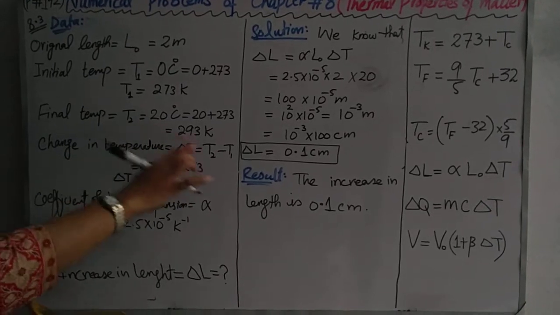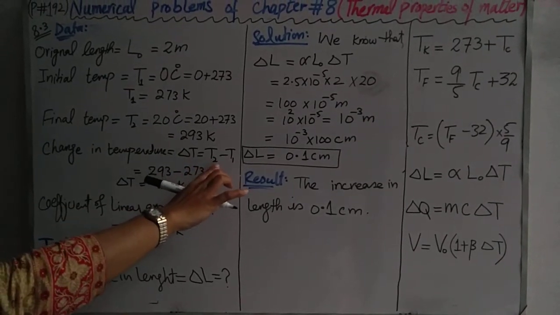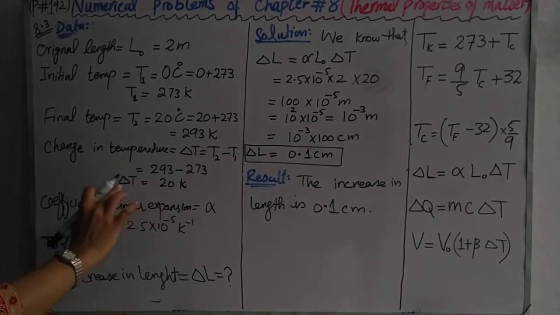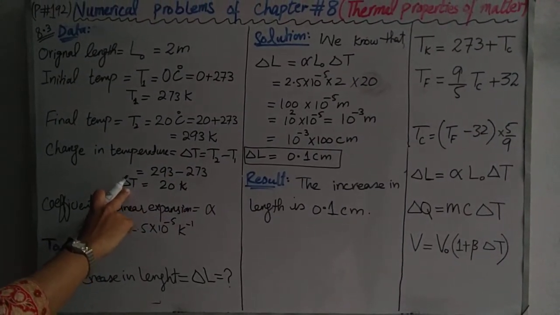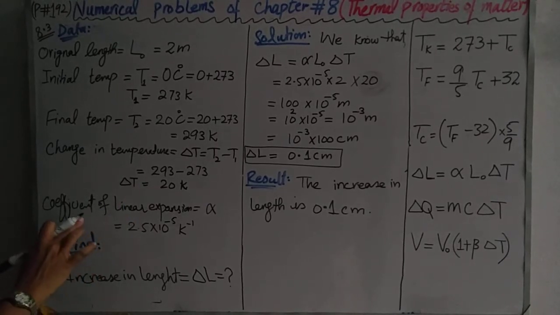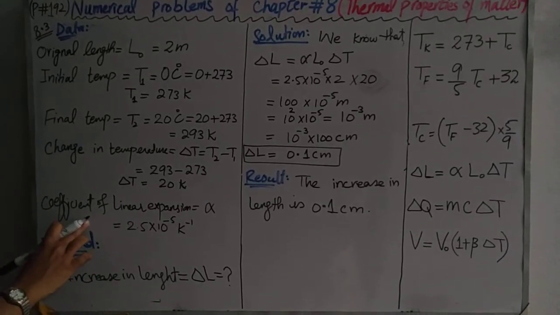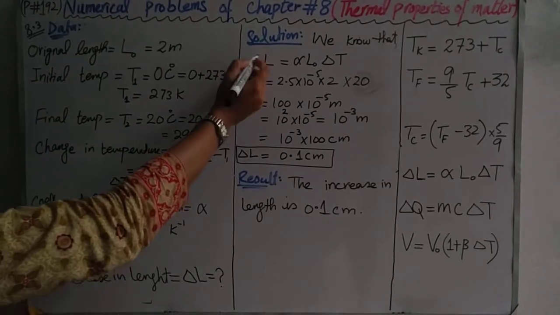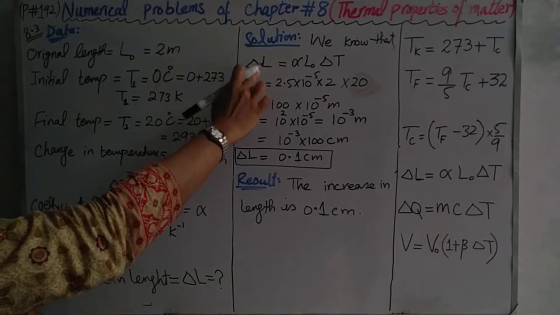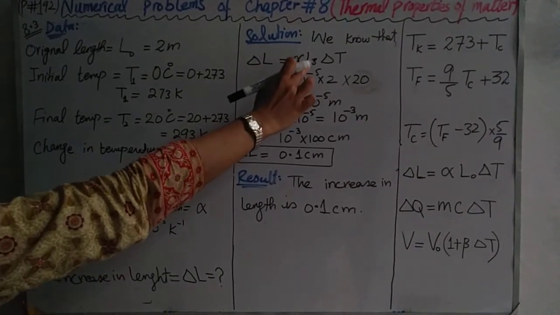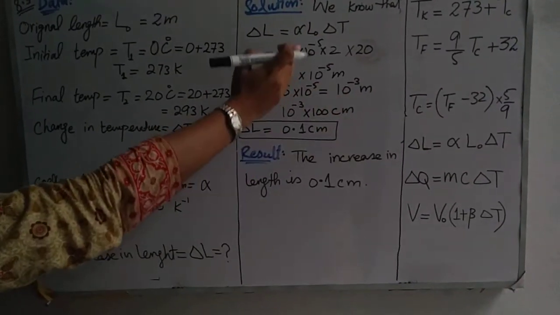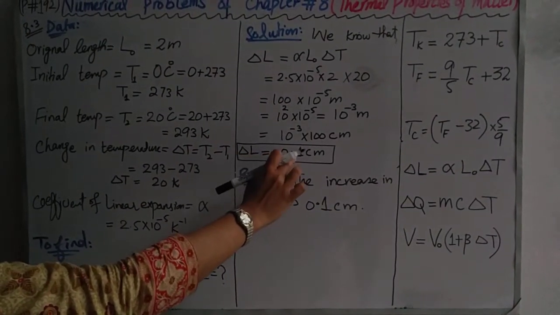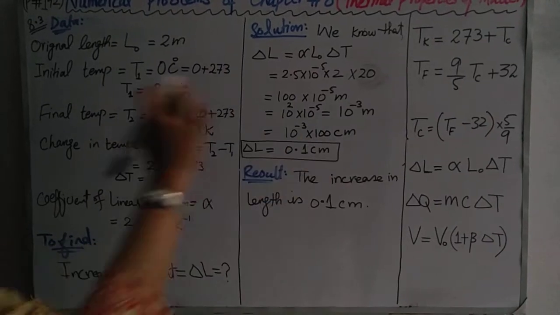Change in temperature, we subtract the initial value from the final value and get the delta T, that is change in temperature. Also we have the value of coefficient of linear expansion. By using these values in the formula of finding the linear expansion, that is delta L is equal to alpha L naught delta T, by putting the values, we have final value of increase in length, that is 0.1 centimeter.